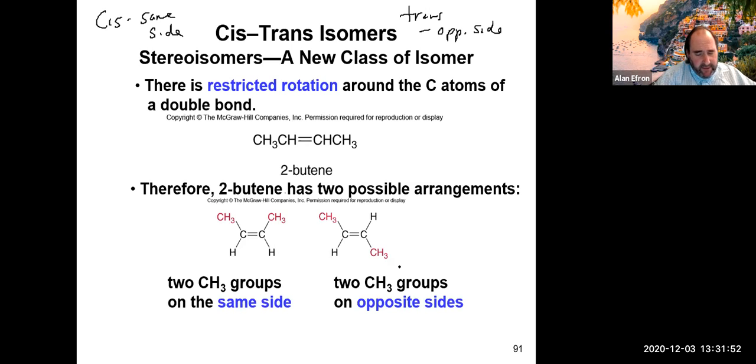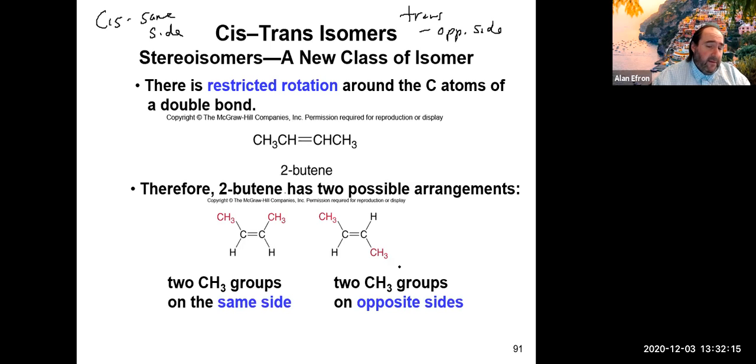And unlike coordination chemistry, what we're talking about here really is the double bond. So we're talking about two groups on opposite carbons in a double bond where they're either on the same side of the double bond or on the opposite side of the double bond.